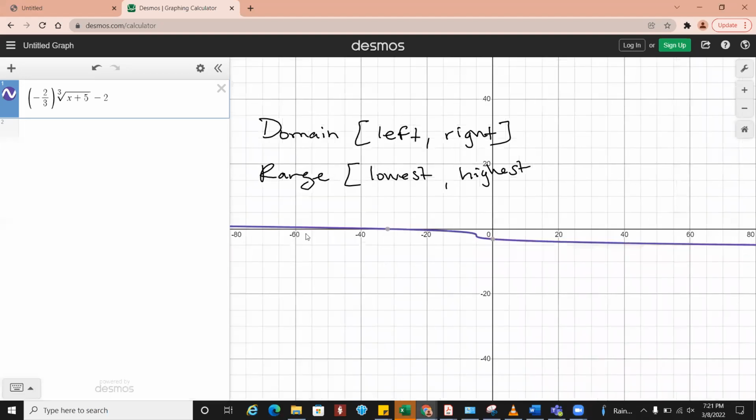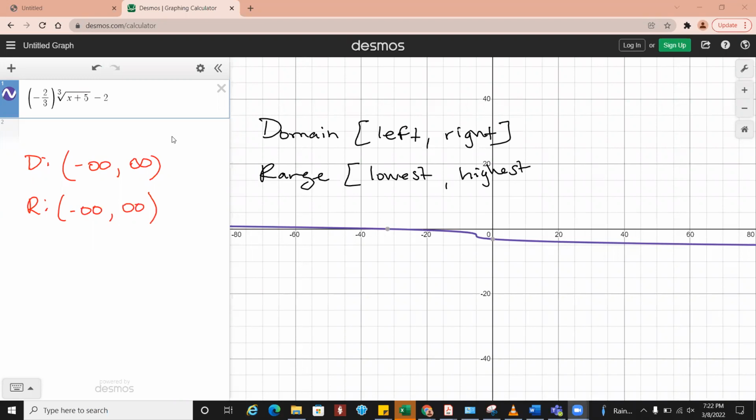So what's my farthest left x value? Well, it keeps going off the page, right? So that's going to be interpreted as -infinity. Well, what's my farthest right x value? Well, it goes off the page. So +infinity. For my range, it keeps going up and it keeps going down. So we're going to interpret that as -infinity to +infinity.